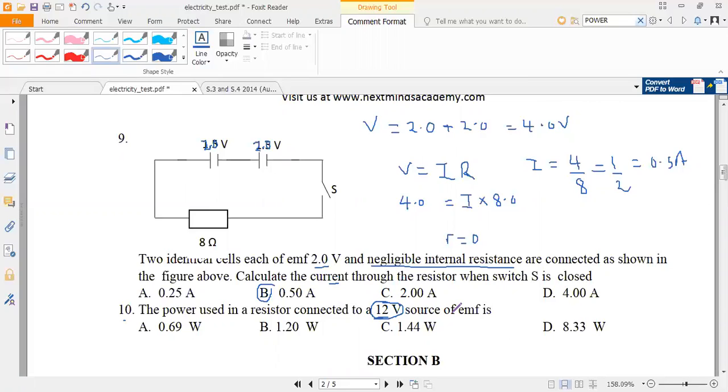To calculate power, we either use the formula power is IV, or the formula V squared over R, or the formula I squared R. If we don't have current and we don't have R, that makes it difficult for us to calculate the power. So in this question, it is inconclusive.